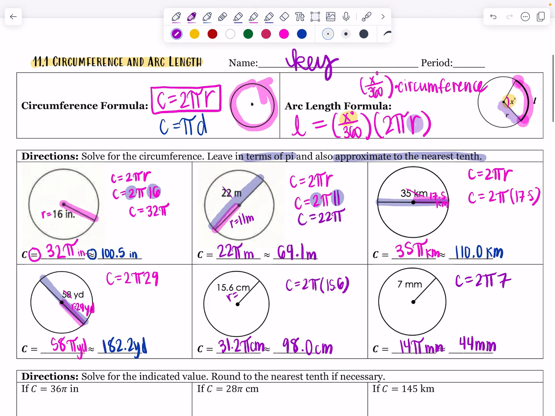Okay, so every single time we're putting our exact answer in terms of pi first, and our rounded answer is the second one. So what it's equal to and then what it's rounded to. I want y'all to get used to knowing how to do each one. That way, no matter what the directions ask for on a standardized test, you are used to both.